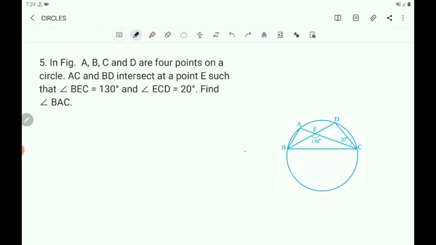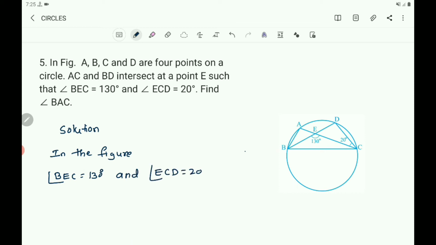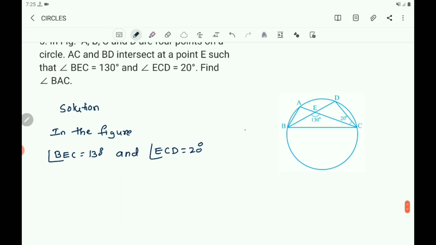Add that solution here. In the figure, what is given? Angle BEC equals 130 degree and angle ACD equals 20 degree.